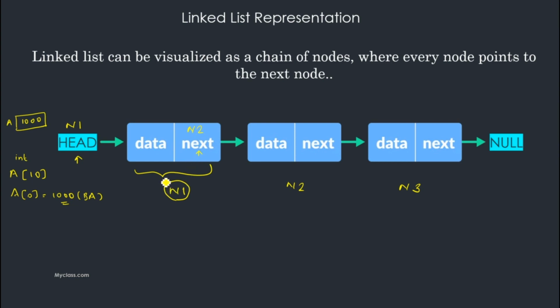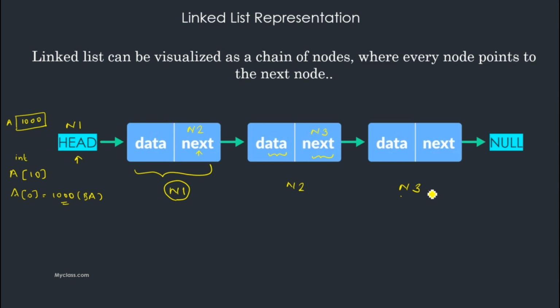So when we visit the first node, we can easily find where the next node is. So we have reached here. Here the data field is there, and the next field is the address of our next node, node 3.